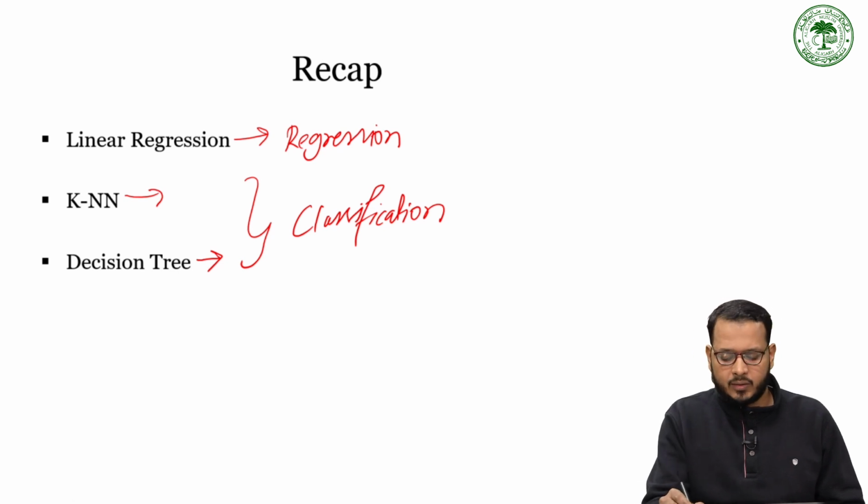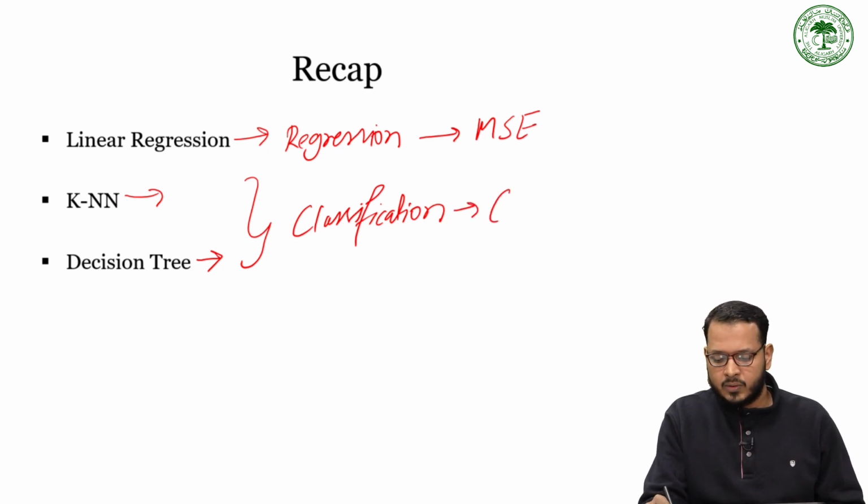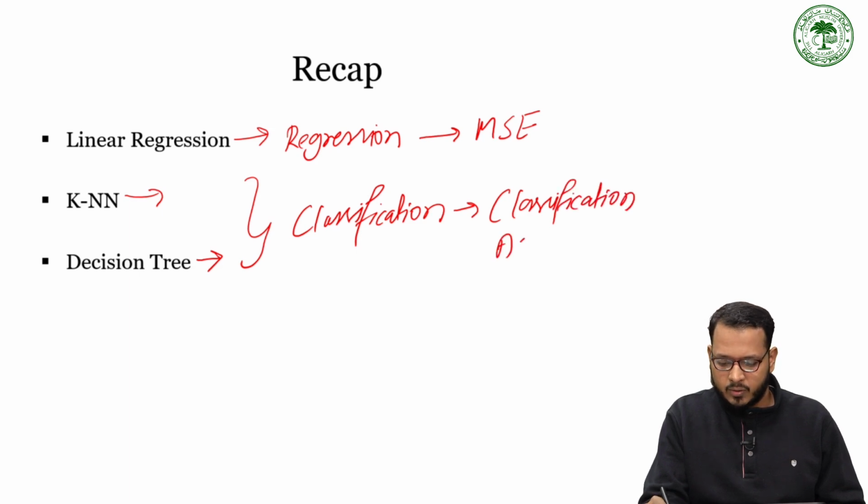Related to linear regression, we saw one performance measure called mean squared error, and in the classification case, we saw only one performance measure called classification accuracy.